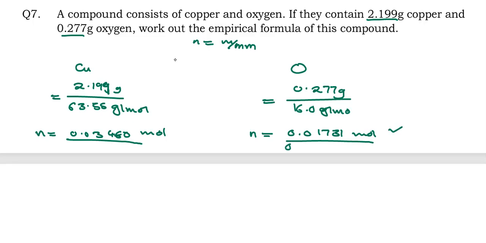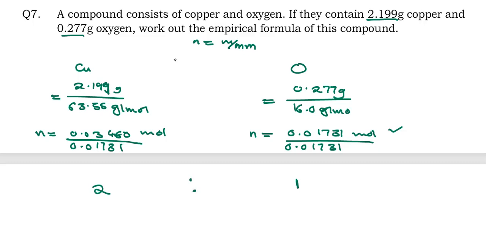So we're going to divide both by this, 0.01731, because our aim is to find the smallest ratio. That's why we are doing this. This divided into this, we have 1, and this into this, we have actually 2. We have 2 for copper.